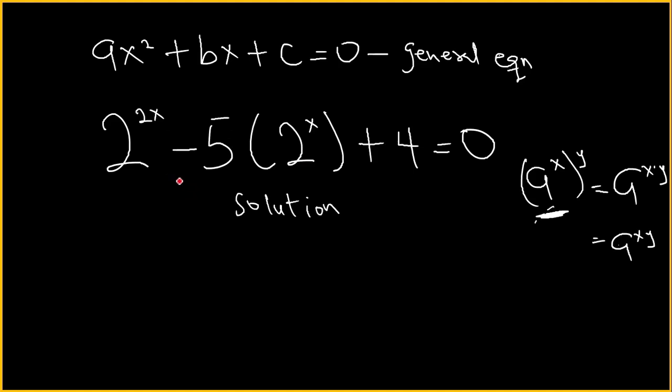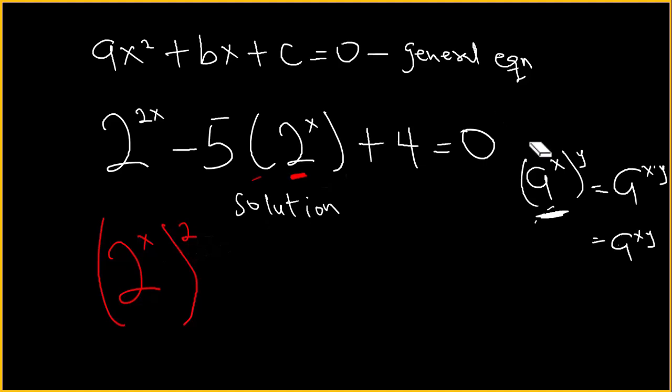Per this question, the unique base is 2 to the power x. So now we are going to resolve this to also suit this one, and then resolve this to also bear the same base. Since 2 to the power x is the unique base, using the power law, this is written as 2 to the power x, all raised to the power 2.